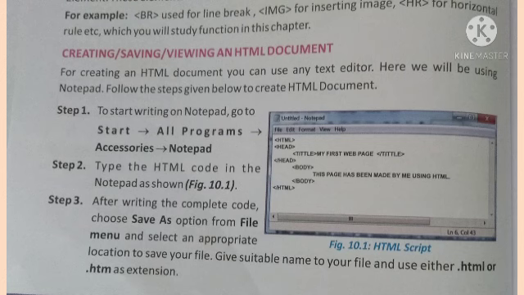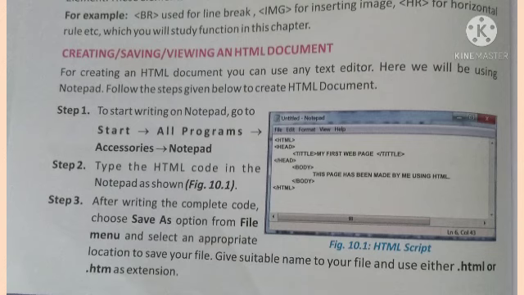Next, creating an HTML document. Students, for creating an HTML document, we can use any text editor. Here we will be using Notepad. First of all, to start writing in Notepad, go to Start, All Programs, Accessories and Notepad. Then the Notepad window will appear on the screen. Then type the HTML code in Notepad.